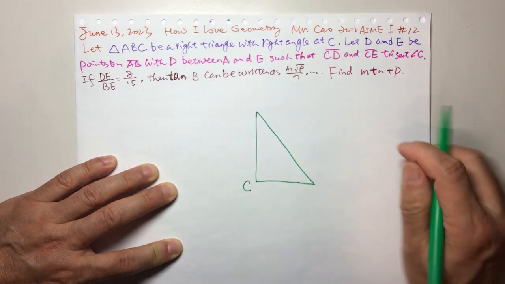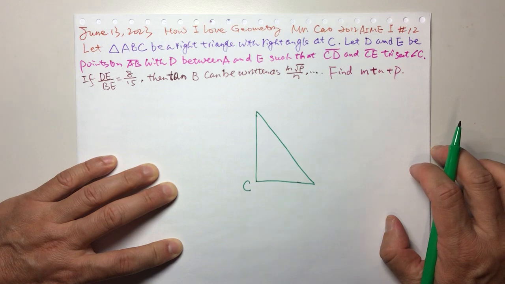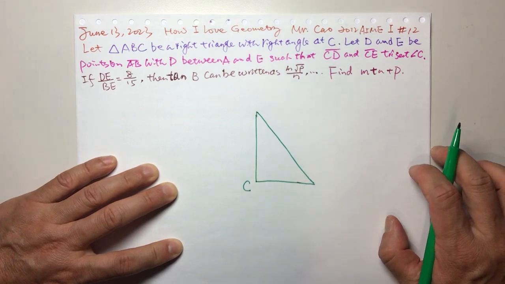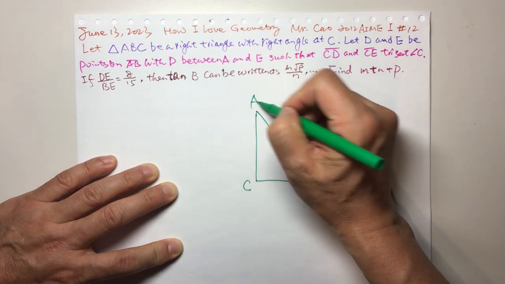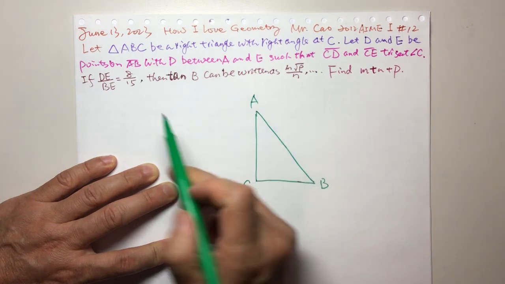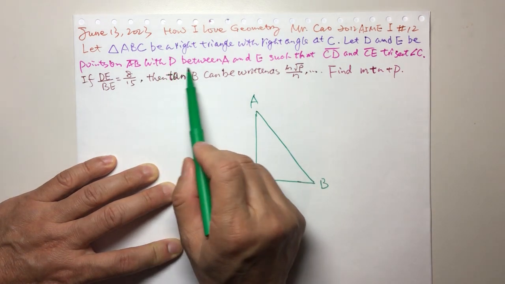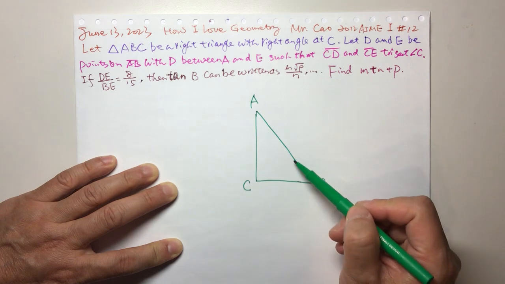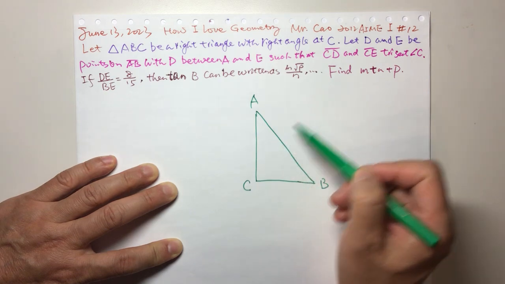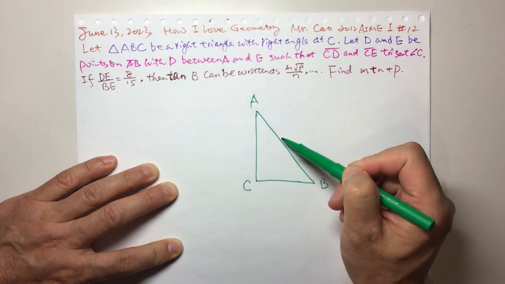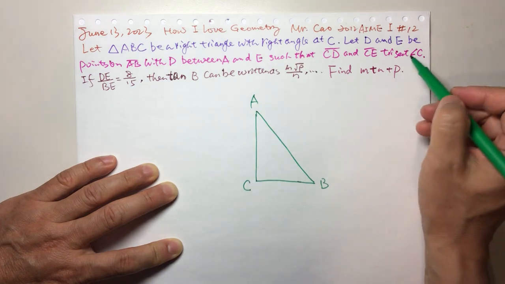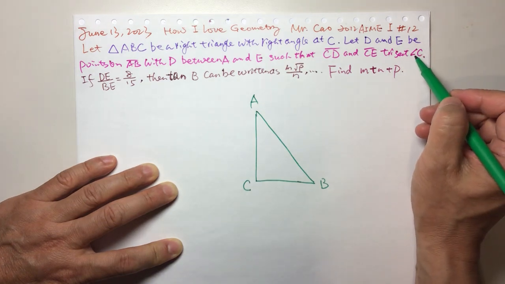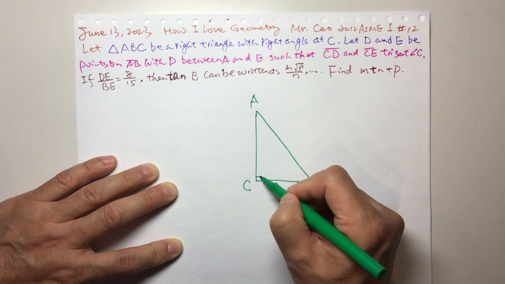So here is C. Let D and E be points on AB, with D between A and E, so E is here, D is here, such that CD and CE trisect angle C. This is 90 degrees.